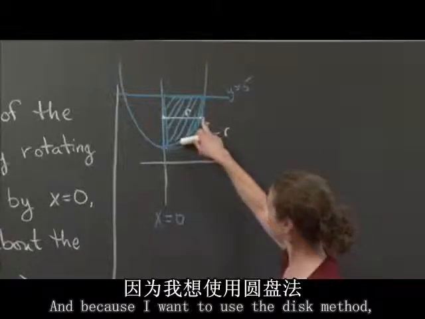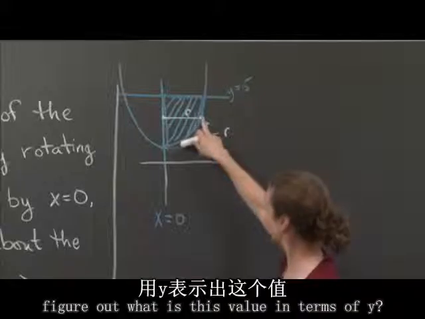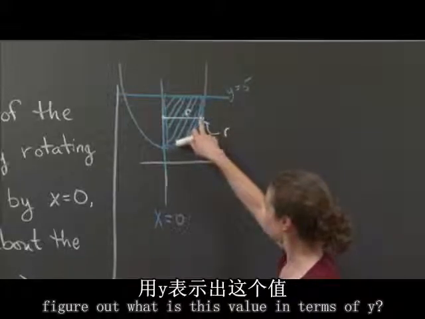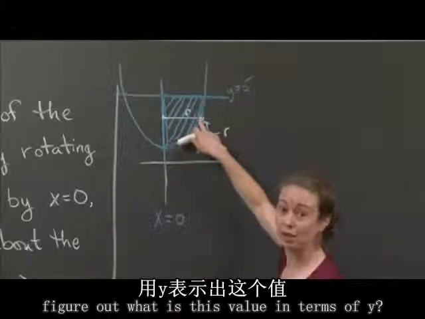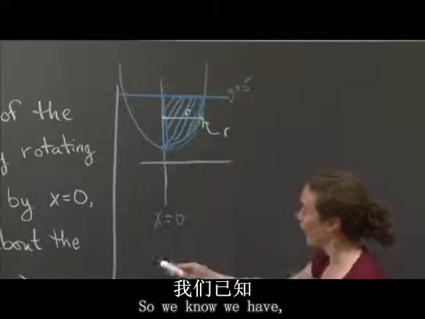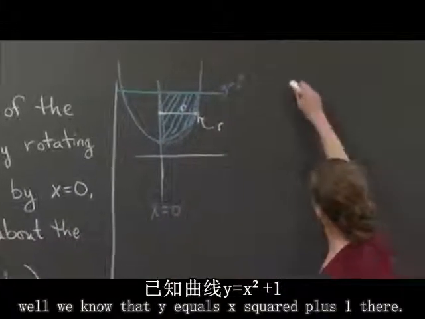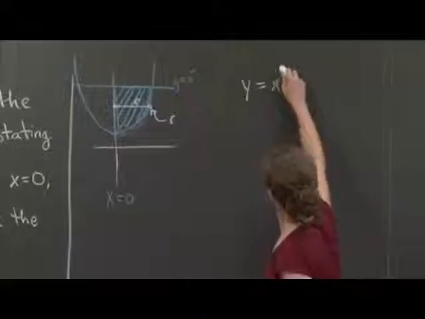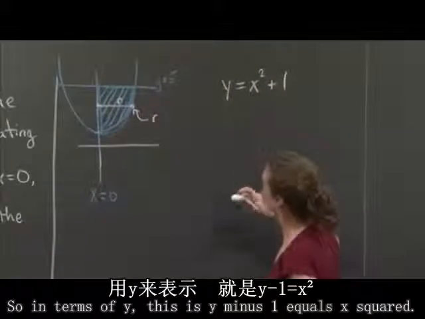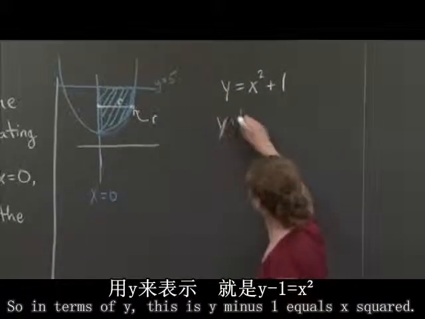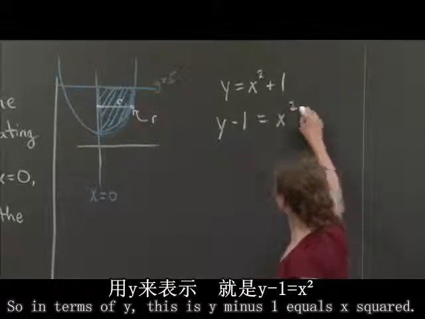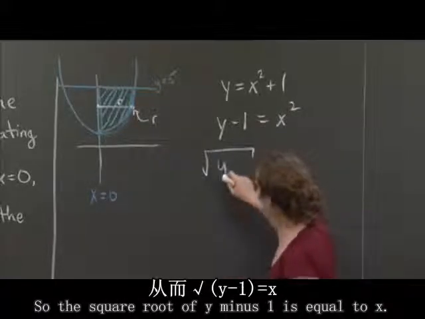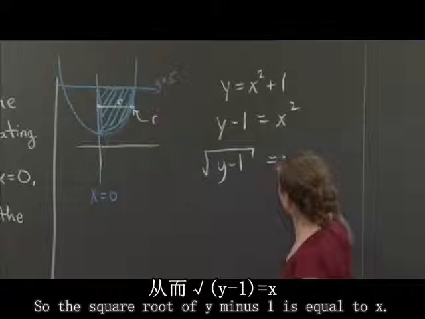Because I want to use the disk method, I need to figure out what this value is in terms of y. We know that y equals x squared plus 1 there. So in terms of y, y minus 1 equals x squared, so the square root of y minus 1 is equal to x.